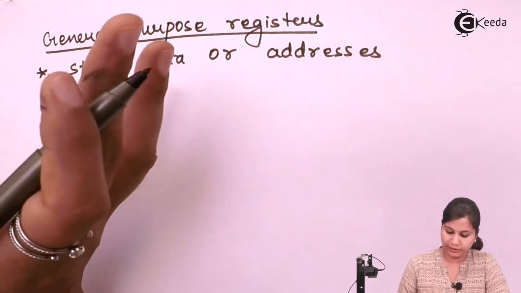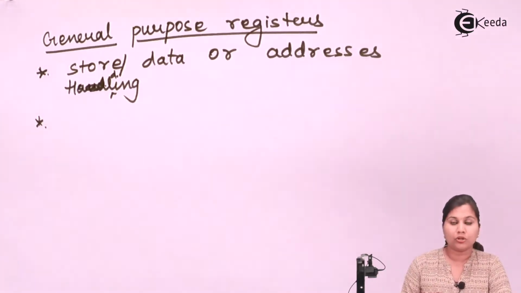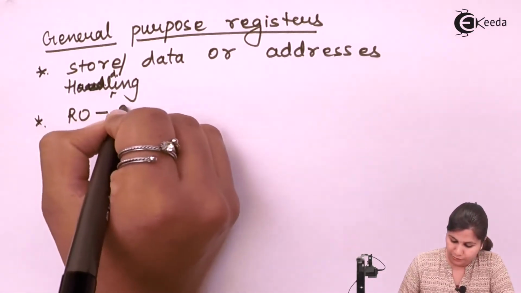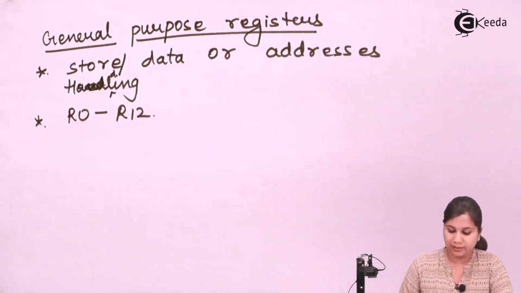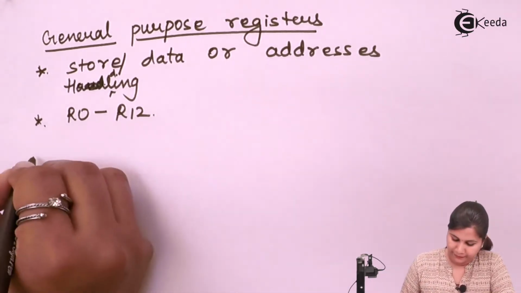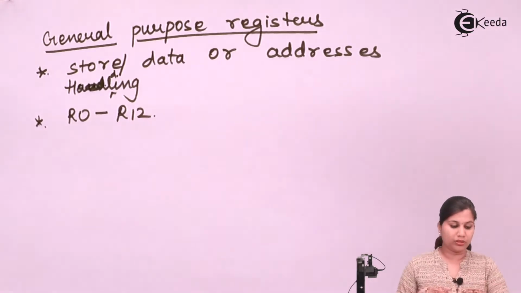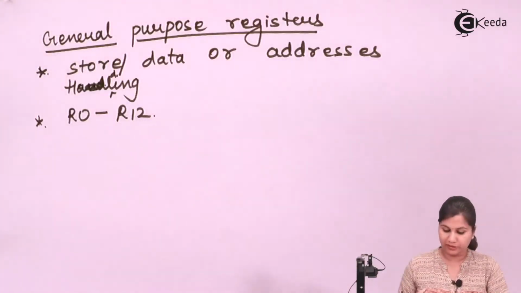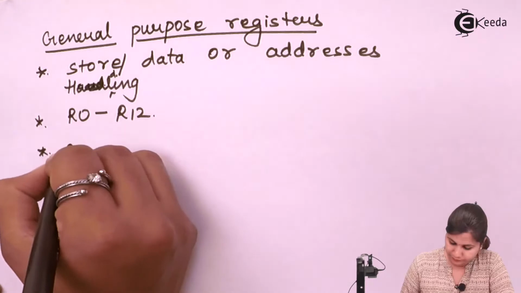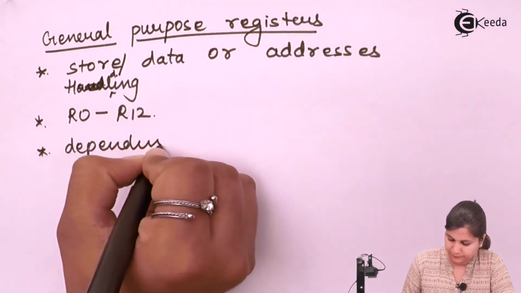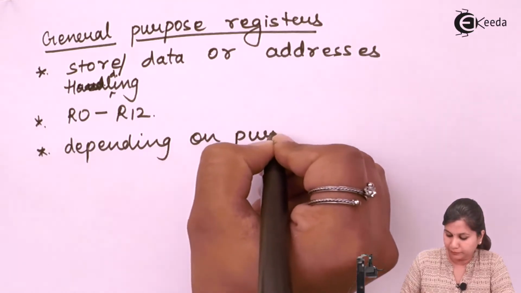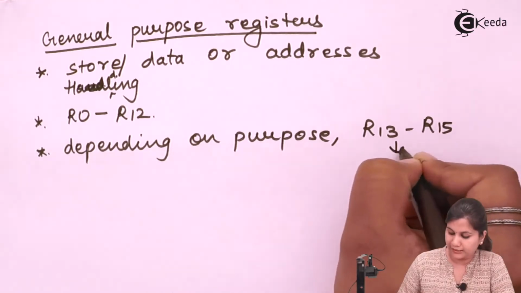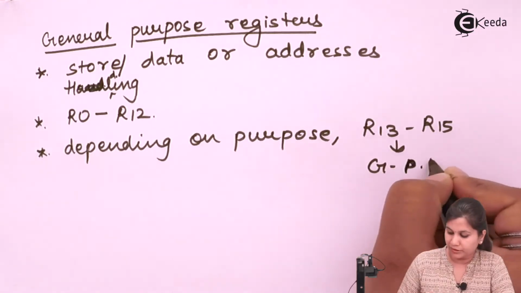Depending on the purpose for which they are used, R0 to R12 are the general purpose registers. Then, according to the mode, we can use R13, R14 and R15 also as general purpose registers.